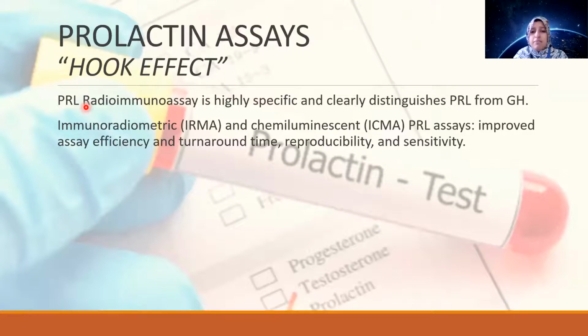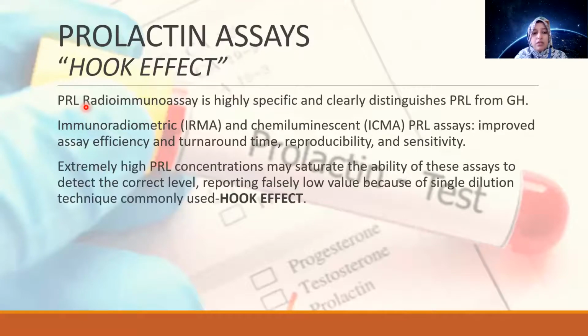Immunoradiometric assay, that is the IRMA, and chemiluminescent prolactin assay have improved assay efficiency, turnaround time, reproducibility, and sensitivity. And with the help of this, it has become easier to clearly detect the prolactin level and distinguish it from the other glycoprotein hormones.